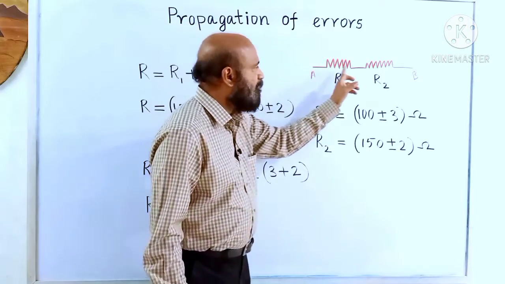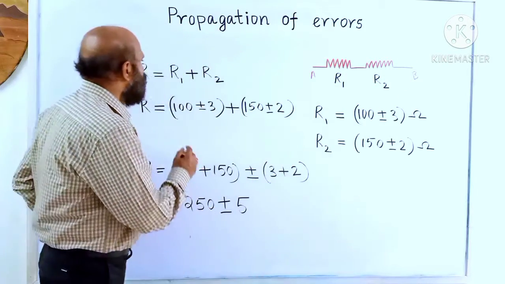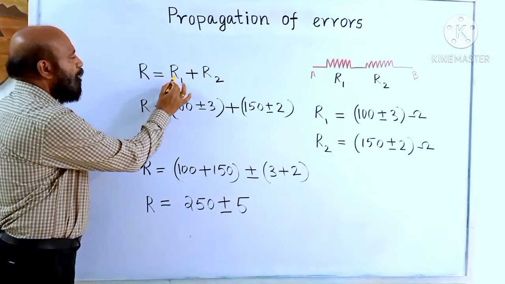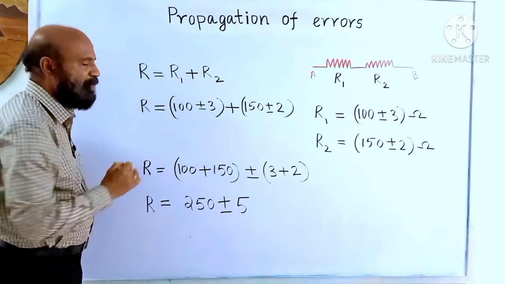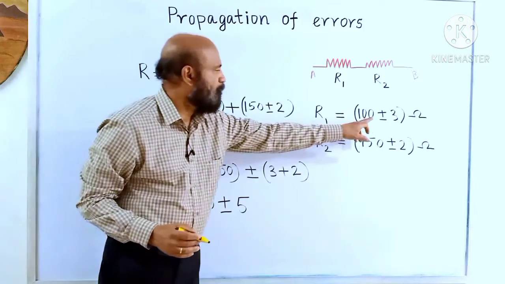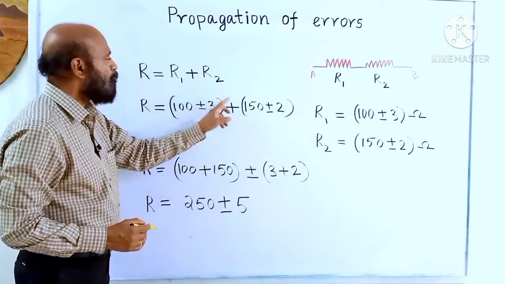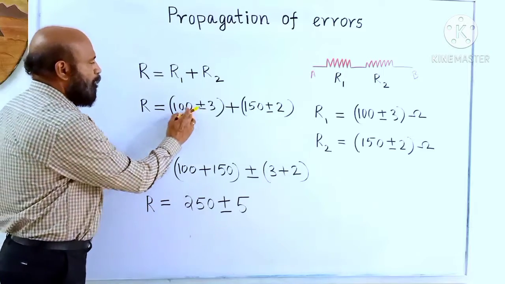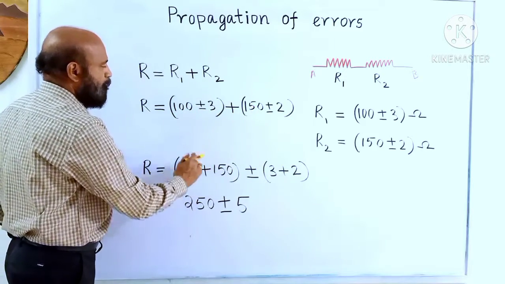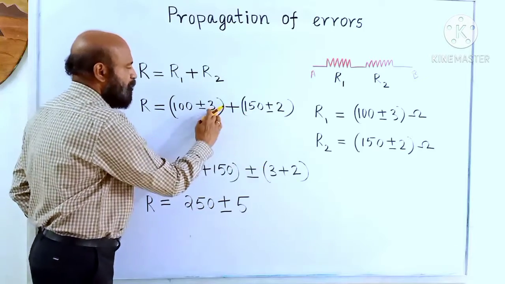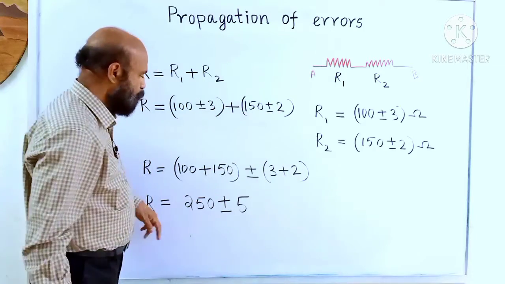When resistances are connected in series, its equivalent resistance is given by R is equal to R1 plus R2. R1 is 100 plus or minus 3. R2 is 150 plus or minus 2. So 100 plus 150, then the plus or minus you write outside, then 3 plus 2.